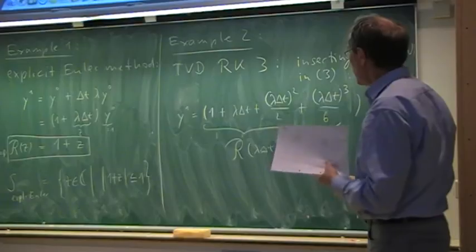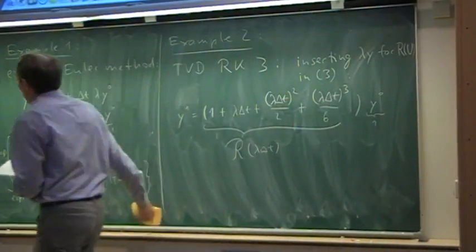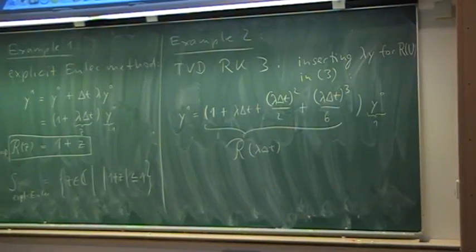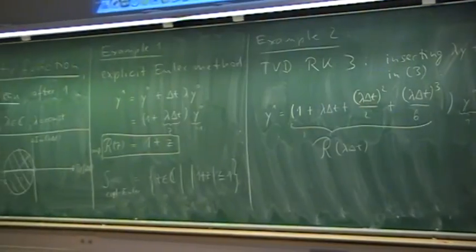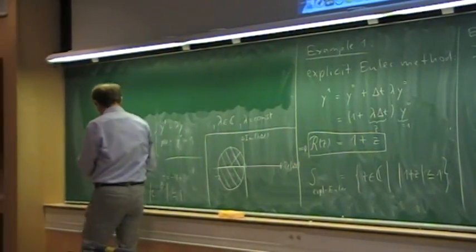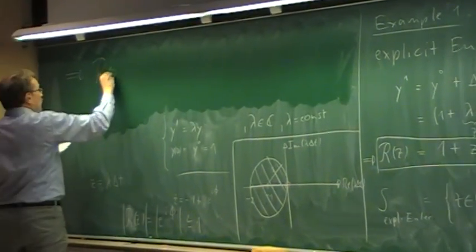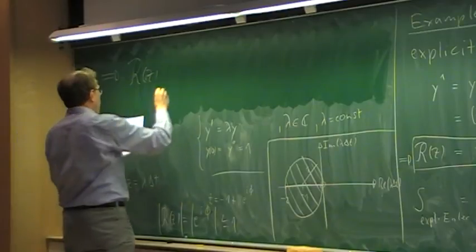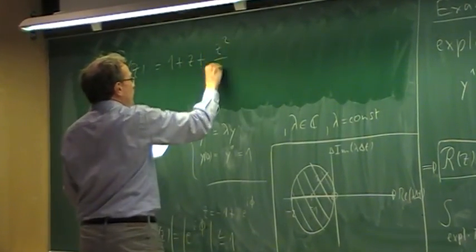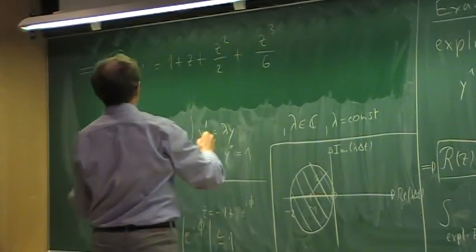So from that we get the r of z, and that is then the stability function for the TVD Runge-Kutta method. That is 1 plus z plus z squared half plus z to the power 3 divided by 6.